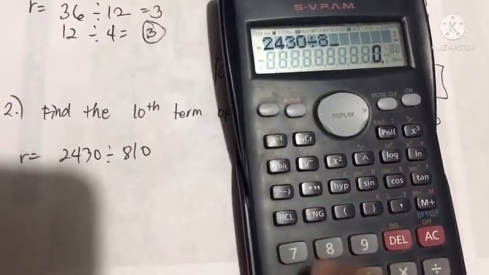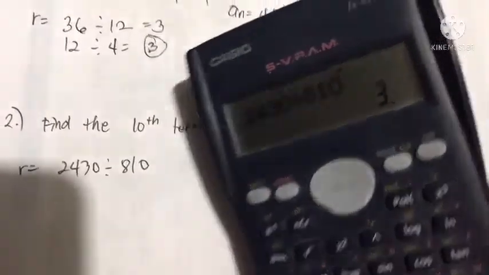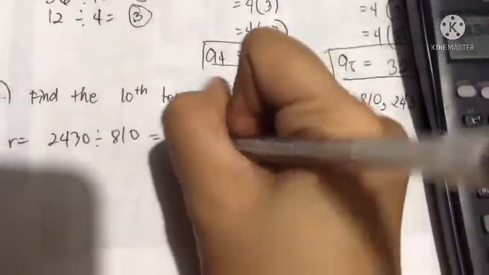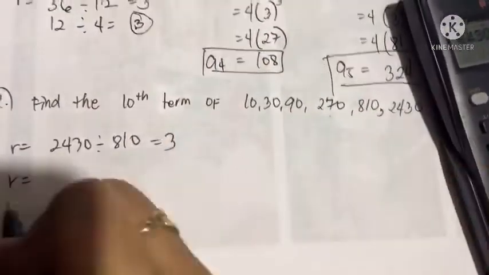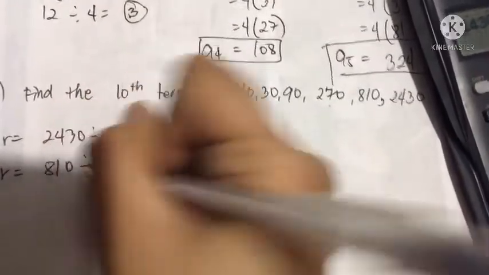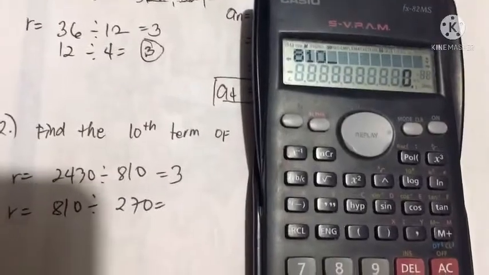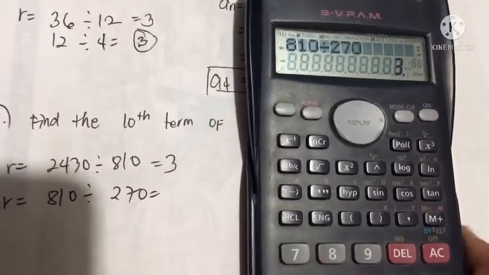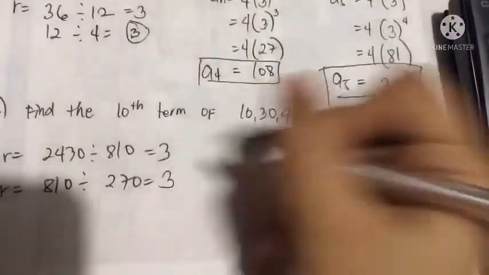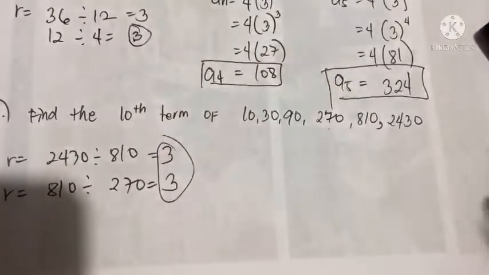Ang sagot natin is 3. Okay? So, isa pa. We have 810 divided by 270. So, meron tayong 3. So, ibig sabihin, ang common ratio natin is 3.